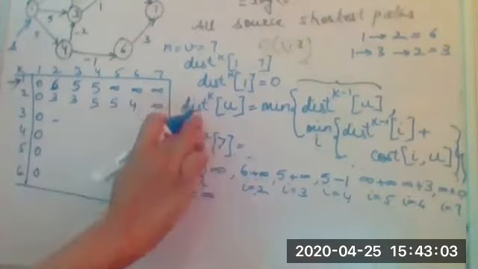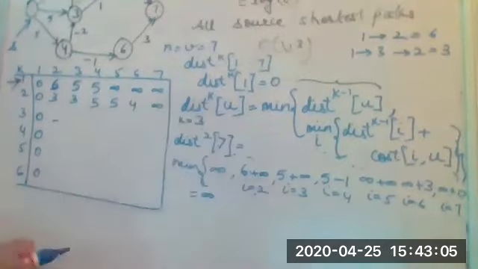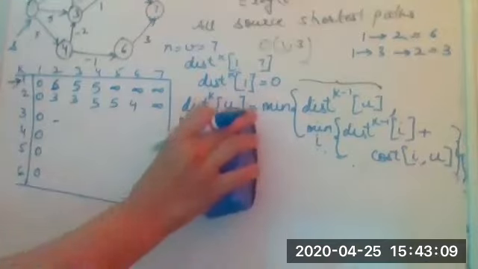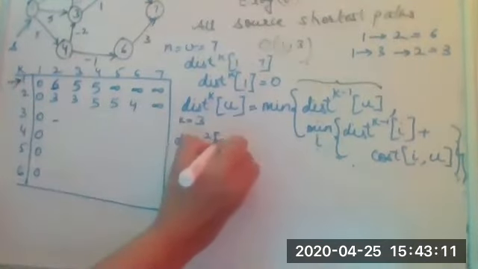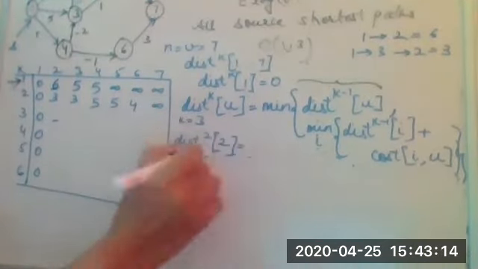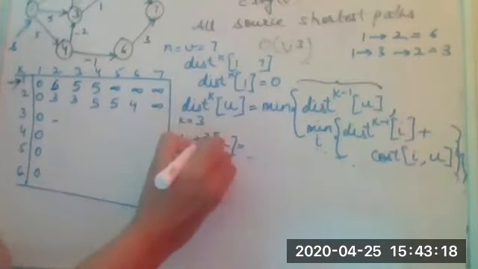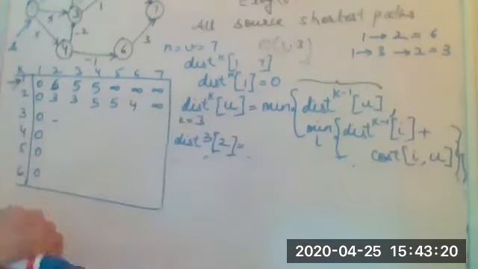Yes, when k is equal to 3, what will happen to the value of the distance from source to the second vertex taking 3 vertices?